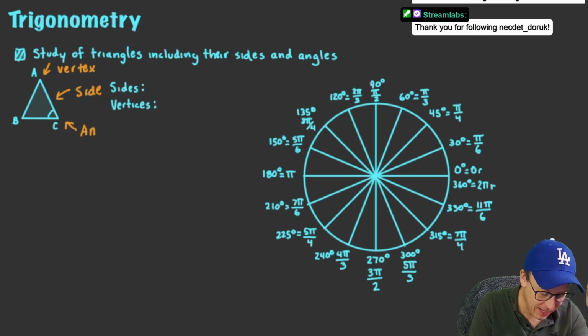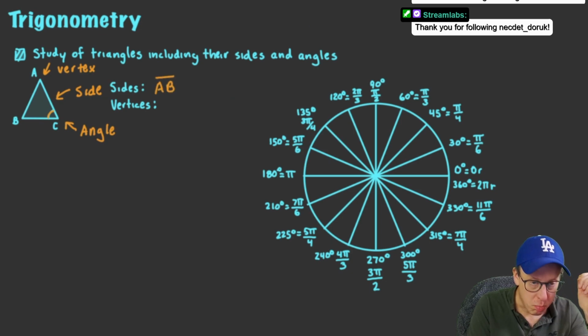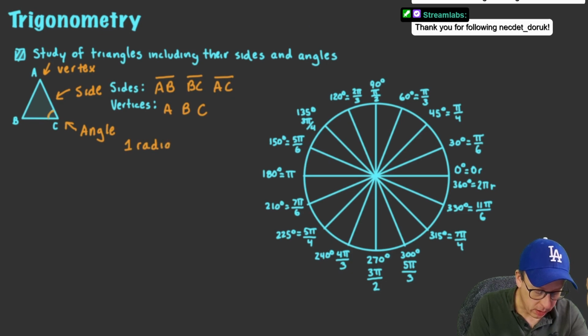The sides in this circumstance would be labeled as AB, BC, and AC, and the vertices would be A, B, and C.